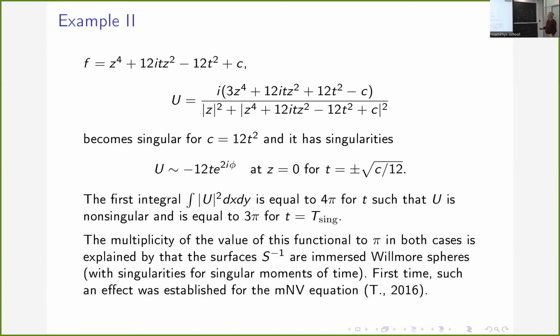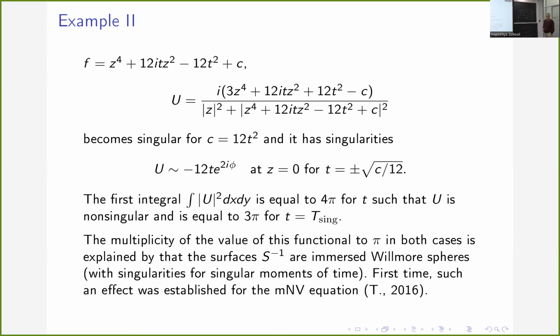For initial time here, by varying the powers of this polynomial, you can achieve polynomial decay at infinity, which you would like. So now it's decayed quite faster at infinity, so that's not a restriction, but I cannot achieve exponential decay by this method. It becomes singular for Ct equal to 12t squared, and it has these singularities.